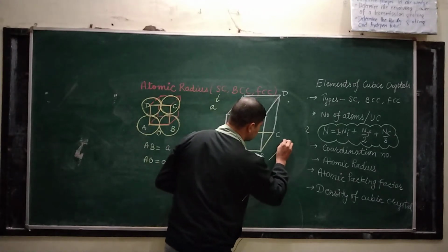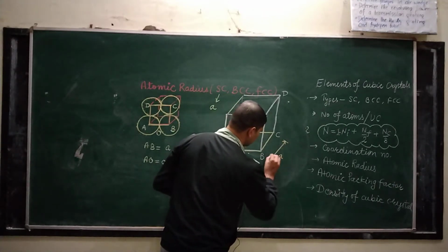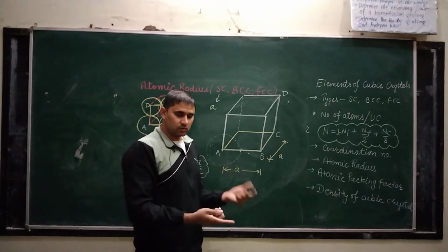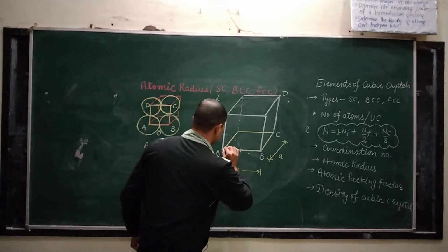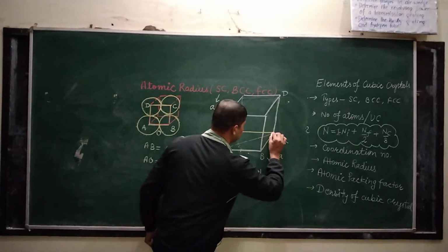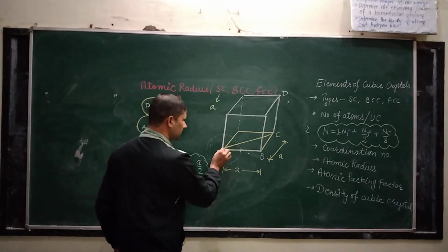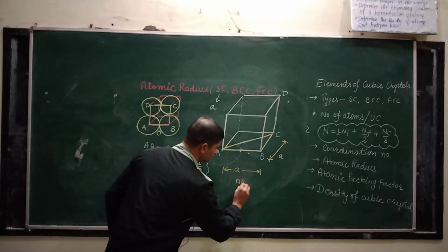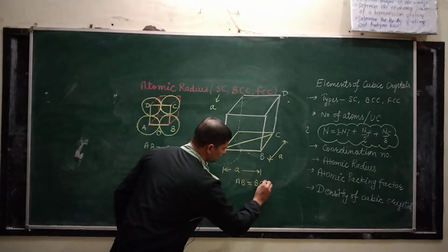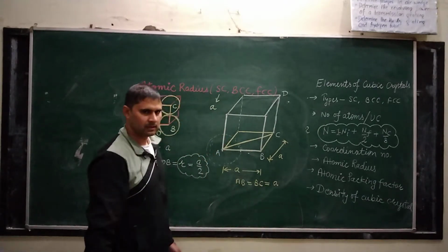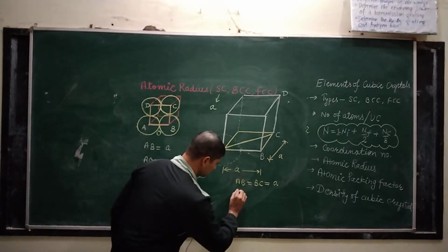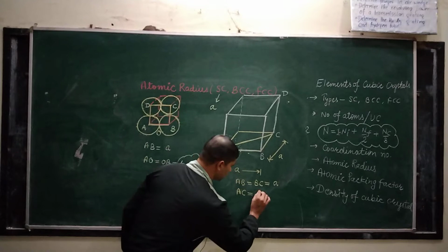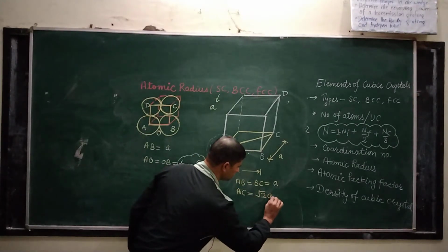This side is again equal to a, and in the cubic structure AB and BC are perpendicular to each other. So the length of the face diagonal AC: AB is equal to BC, equal to a, and these are perpendicular to each other. So the face diagonal AC is equal to root 2 times a.